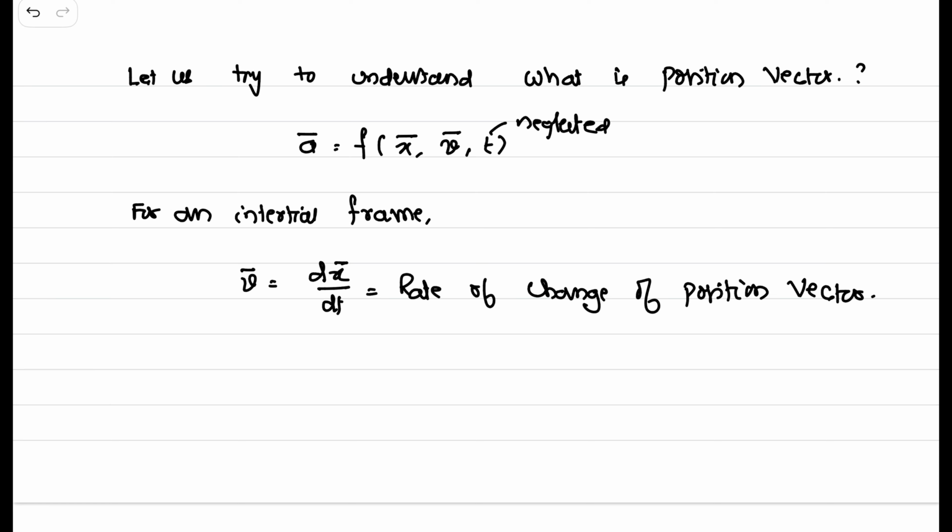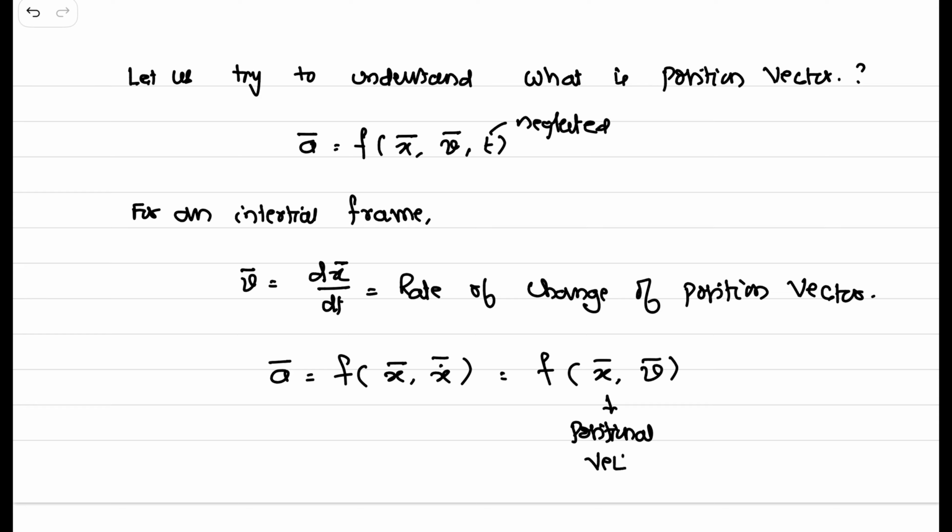That means for an inertial frame, acceleration is defined as a function of the positional vector and the rate of change of positional vector. This is the positional vector and this is the velocity vector.